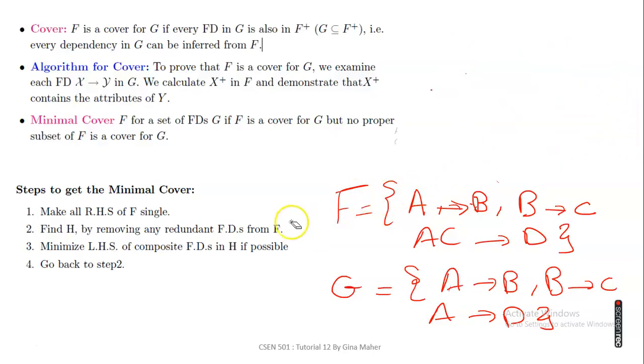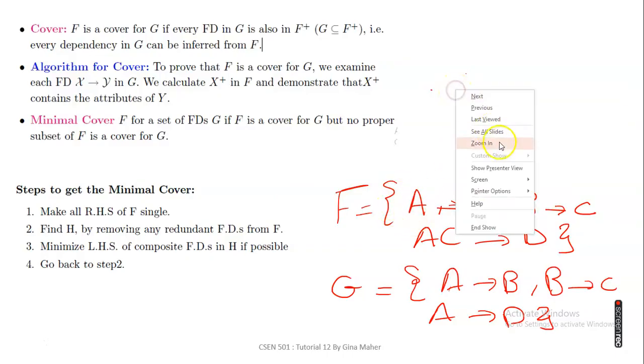In order to check whether they are equivalent or cover for each other or not, we are going to take the attributes of the left-hand side in F, which are in this case A, B and AC.